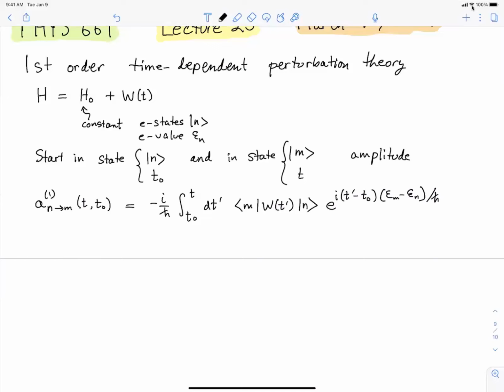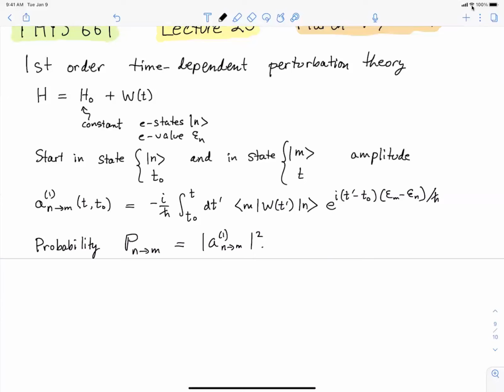So that's the hard part, computing that. And then once you've computed that, you want the probability. The probability to start in the state n and end in the state m is the complex square of that amplitude. Okay, so those are the general rules.